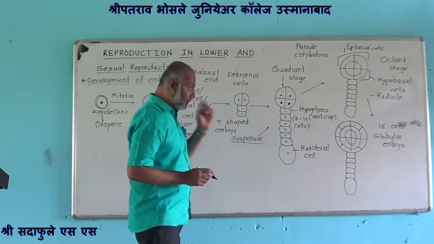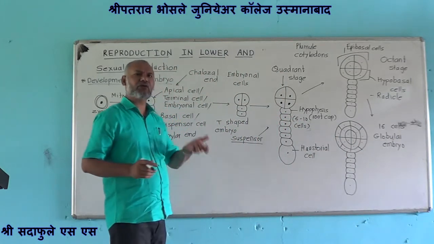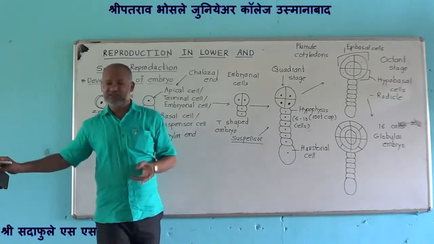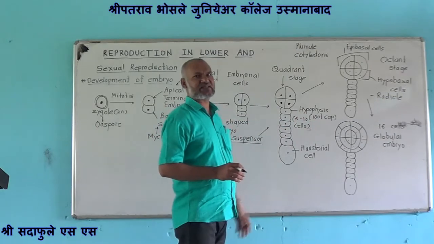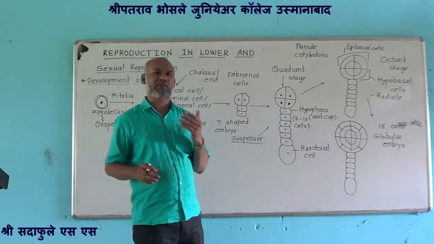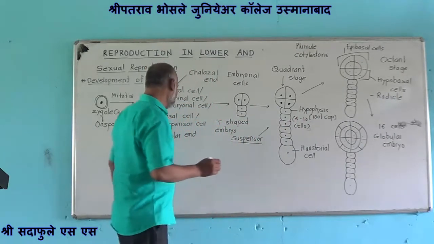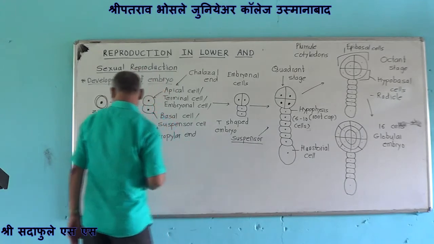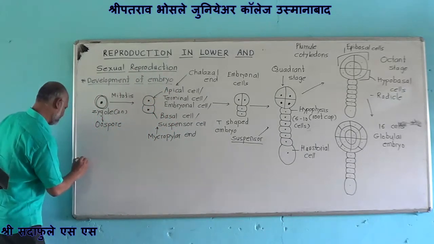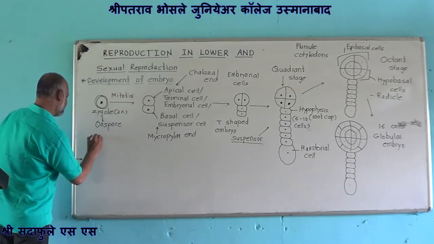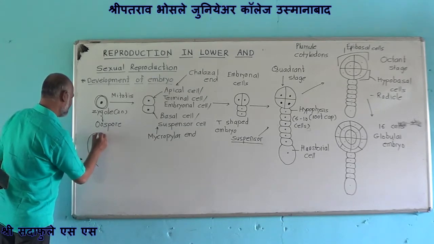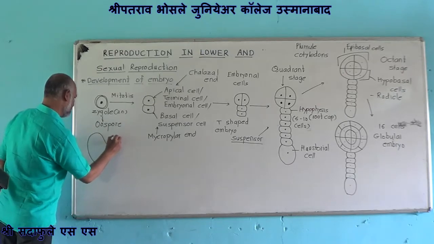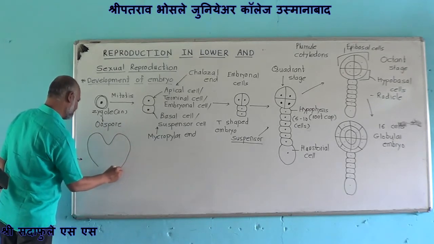Now this globular embryo undergoes development. The cells of the globular embryo, that is these 16 cells, again divide by mitosis to form a structure like this. See clearly how it's structured.